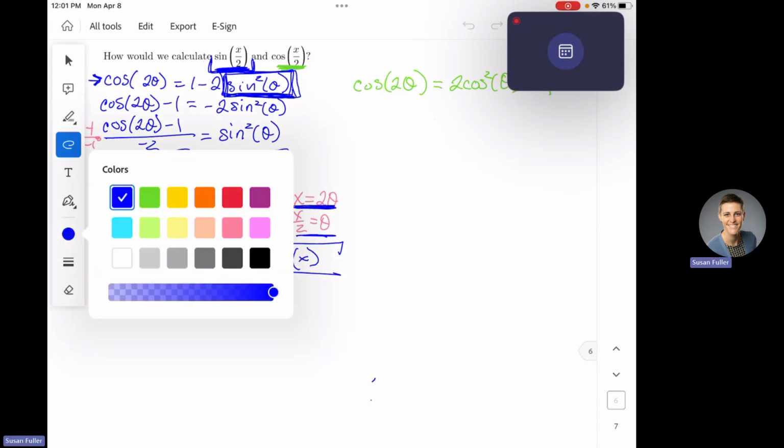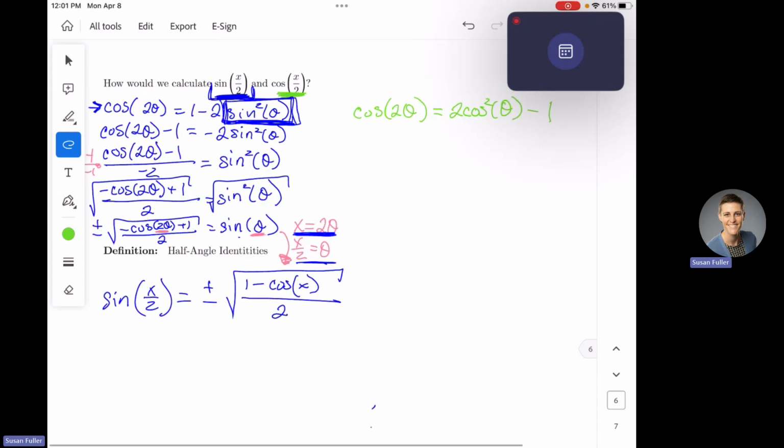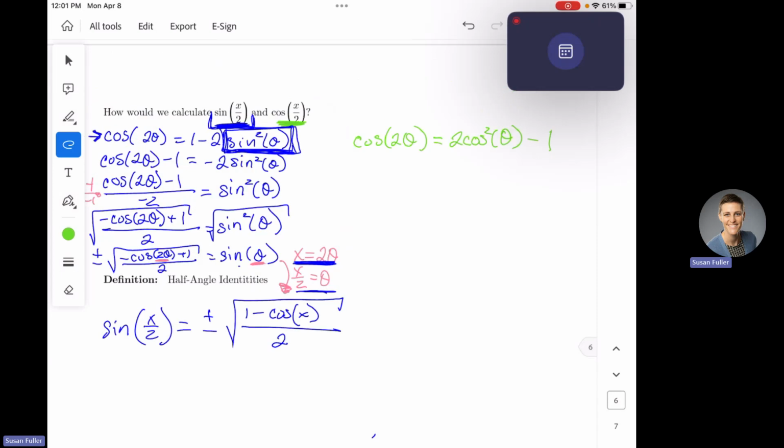And similarly, if I wanted the one for cosine of x over 2, I'm going to start with a double angle identity for cosine again, but I'm going to use the version that has cosine squared in it. And again, I'm just going to solve for the cosine of theta. So to start getting cosine of theta by itself, I'm going to add that 1 to both sides. So I'm going to get the cosine of 2 theta plus 1 equals 2 times the cosine squared of theta.